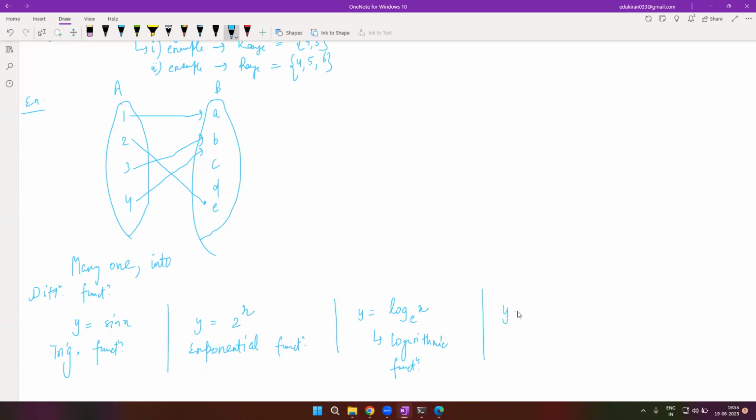Then y equals x square, algebraic function. So we do have these types of categories of functions, trigonometric, exponential, logarithmic, algebraic, based on certain patterns or certain rules. And these also can be classified into either they are one or many one. Similarly, either they will be into or onto, right?